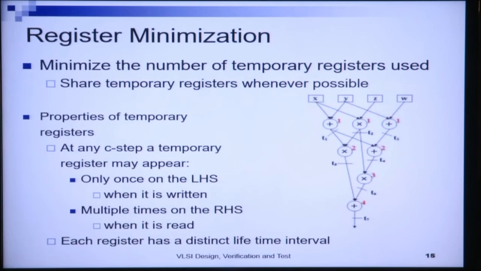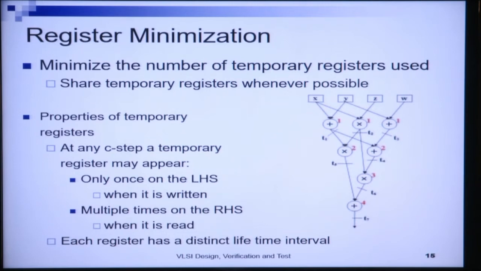Now, that is out of our control. However, these temporary registers, we said that the outputs of the operations are floated on temporary registers. So, each operation is floated on a different temporary register at the output of the scheduling step. Now, the register minimization problem is to minimize the number of hardware registers that are required to allocate these temporary registers.